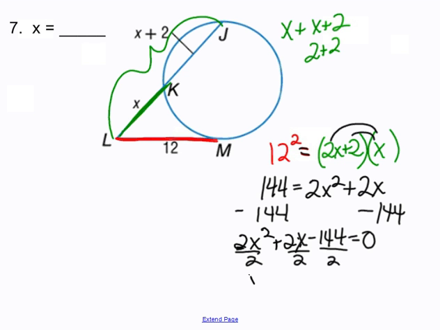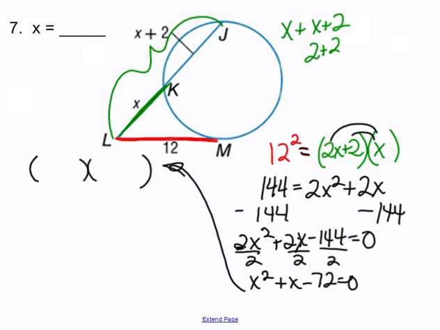So it's going to be x squared plus x minus 72 equals 0. Okay, the factors: x, and I need something that multiplies to negative 72 and adds to 1.